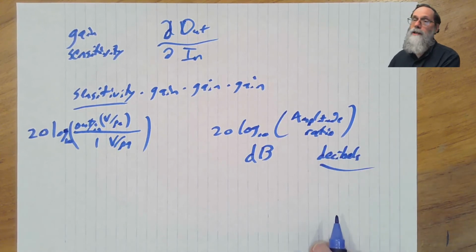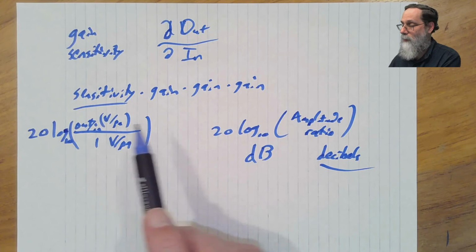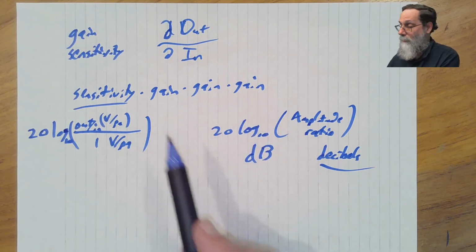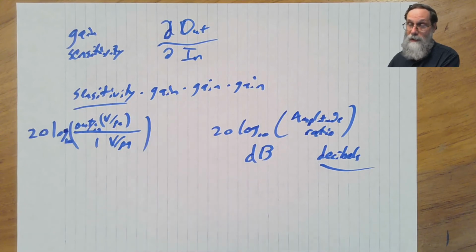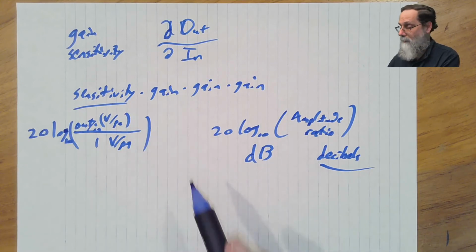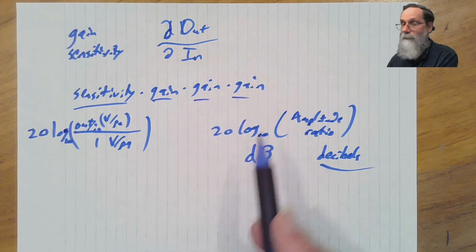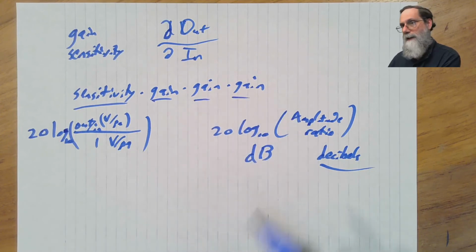A lot of times the sensitivity of sensors and the gain of amplifiers are expressed in decibels. For gain, decibels are inherently unitless, since it's just output over input, or change in output over change in input to be more precise. So you can say, I got 20 dB gain here, I got 10 dB gain here.